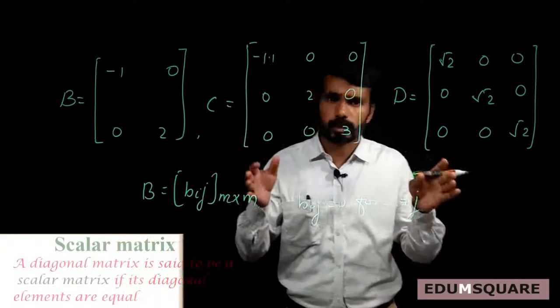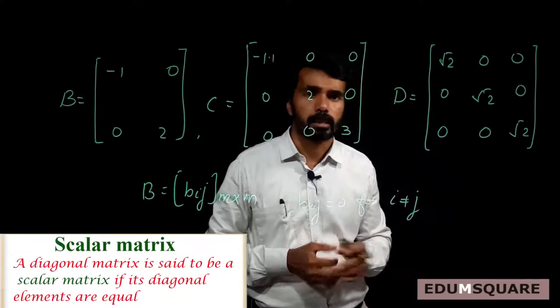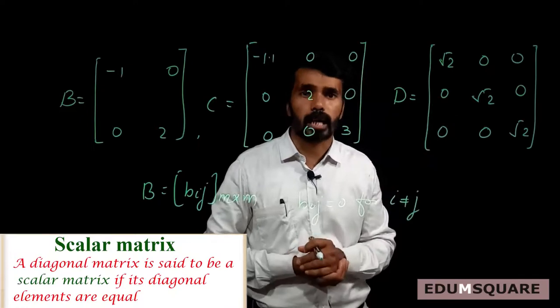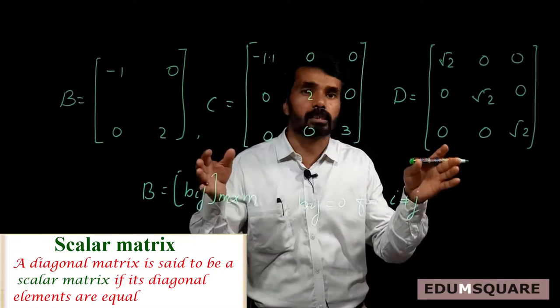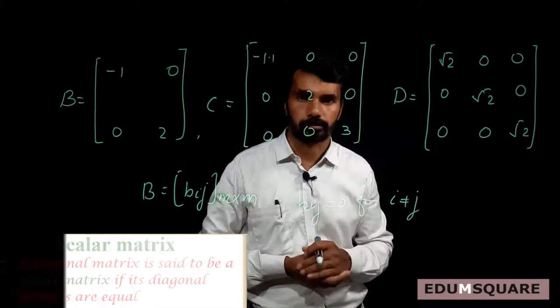So a diagonal matrix is said to be a scalar matrix if all of its diagonal elements are equal.